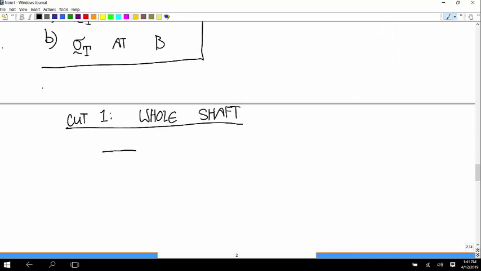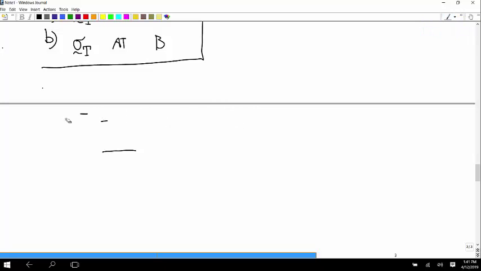Before we do the cut, we have to calculate the external loads. So first I'll do a free body diagram of the whole thing.